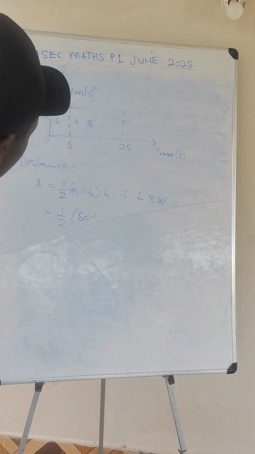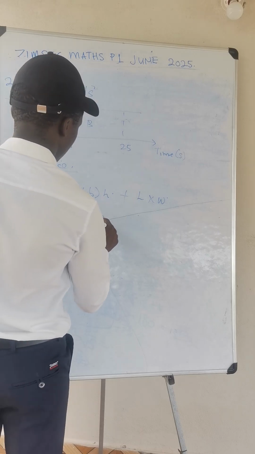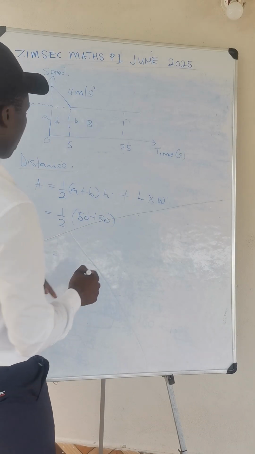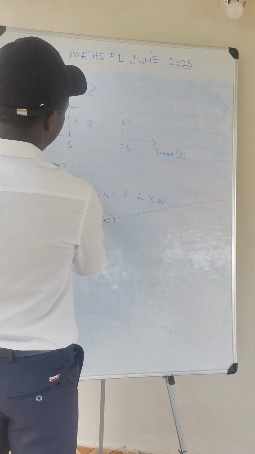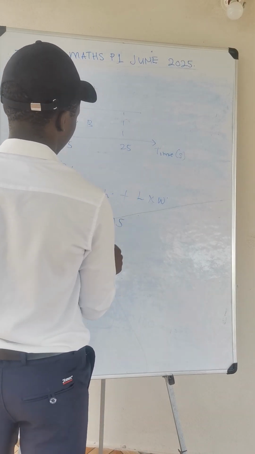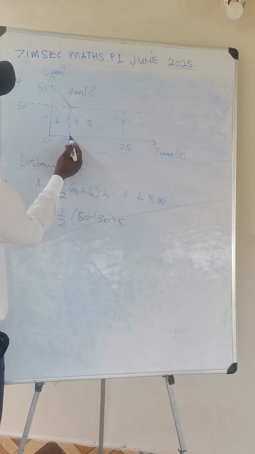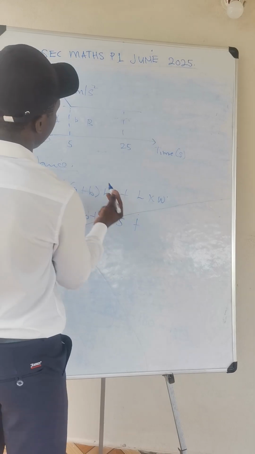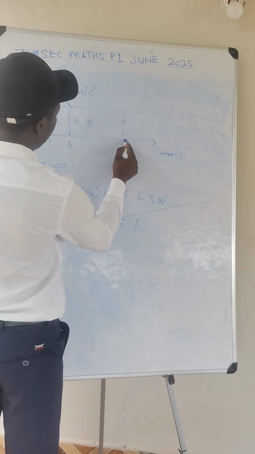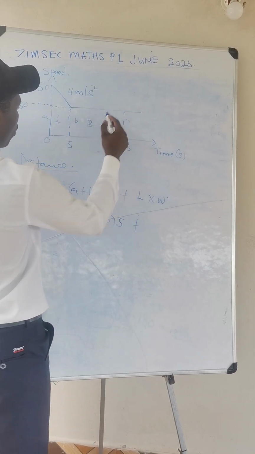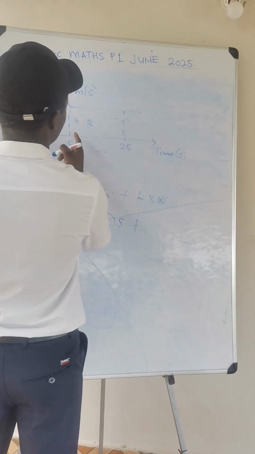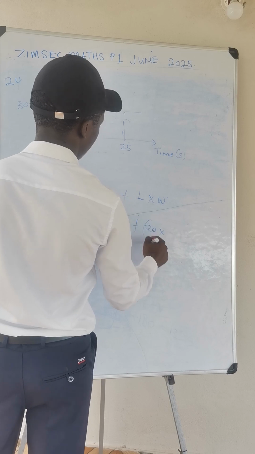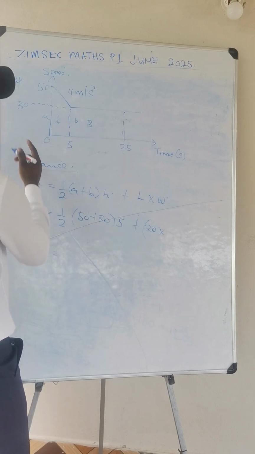I had left out the other measurement. So it becomes 30. Then multiplied by height, which is 5. This will be our height. Then plus length times width. This will be our length, this will be our width. So it becomes 5 from 25, it becomes 20 by 30.